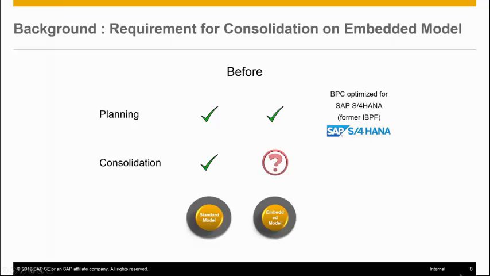Integrating BPC with S/4HANA for consolidation also makes a lot of sense in such scenarios, but using the standard model for BPC, it would be quite difficult to achieve this approach. That's why we have to deliver this BPC consolidation on embedded model. That's the driving fact behind delivering this.